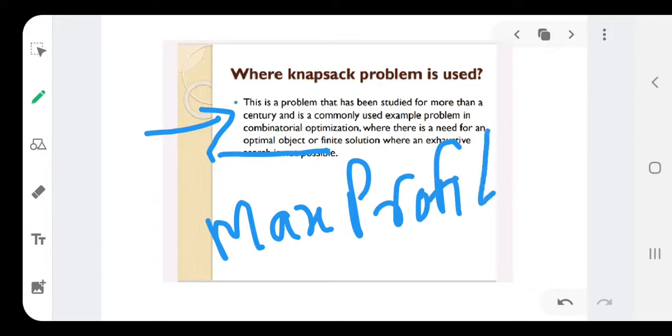But one constraint is there: we cannot carry more than the knapsack weight.